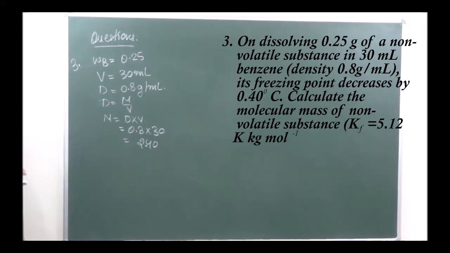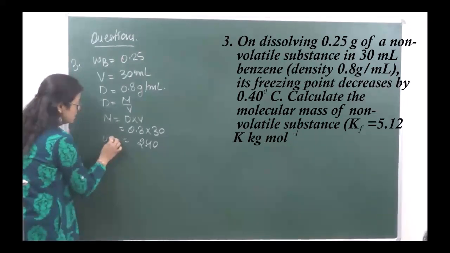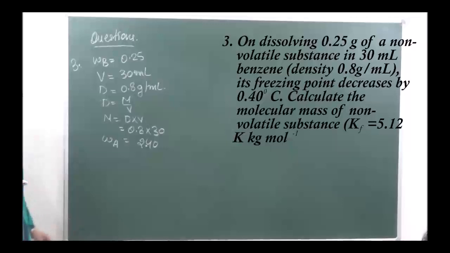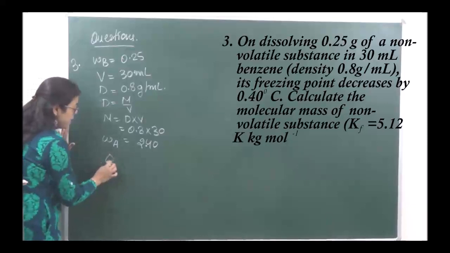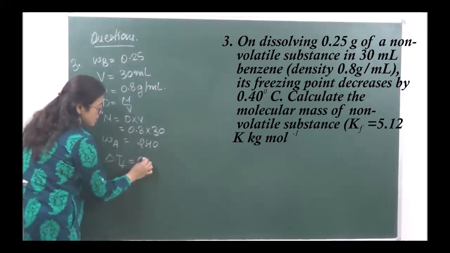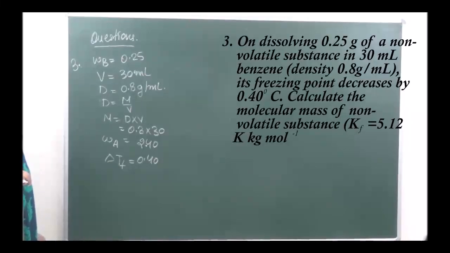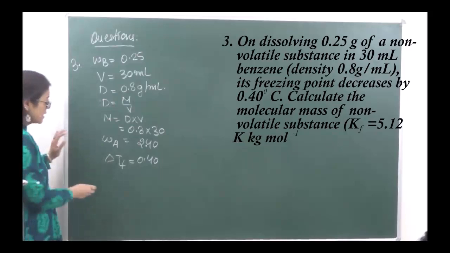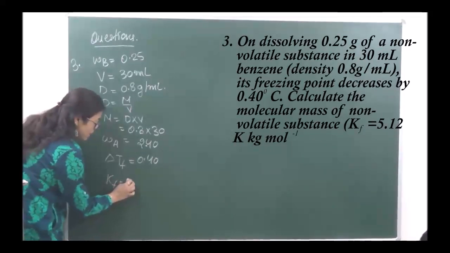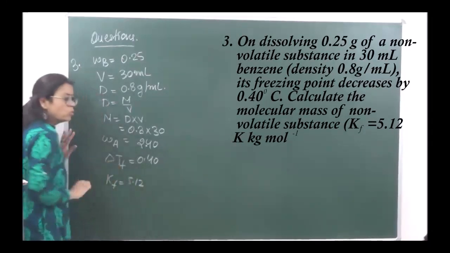So the mass, Wa, will be taken as 2.40. Okay, then they have said that its freezing point decreases by 0.40. So delta Tf is going to be equal to 0.40. Calculate the molecular mass of the non-volatile substance if Kf given to us is 5.12.